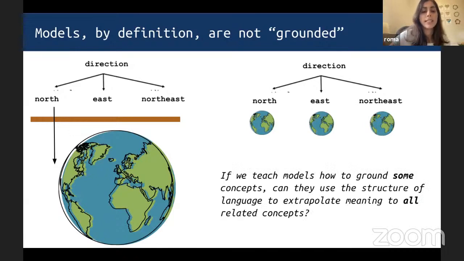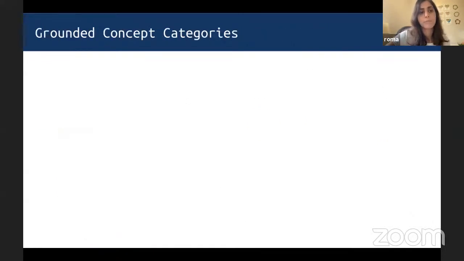And then to generalize this beyond just spatial directions, within several conceptual categories that we can teach language models with text inputs, if we show them how to ground some concepts within these categories, can they use the structure between all related concepts to extrapolate these meanings to the rest of the concepts that were never taught to them, but that they have seen in their training data at some point during their training?